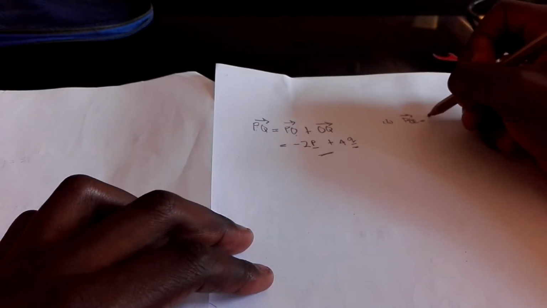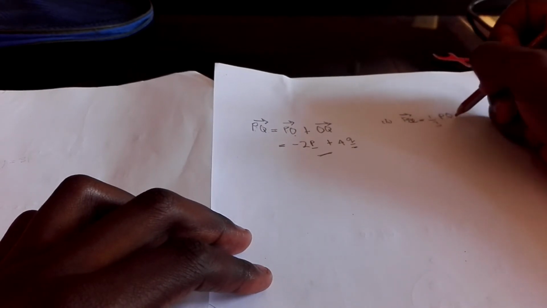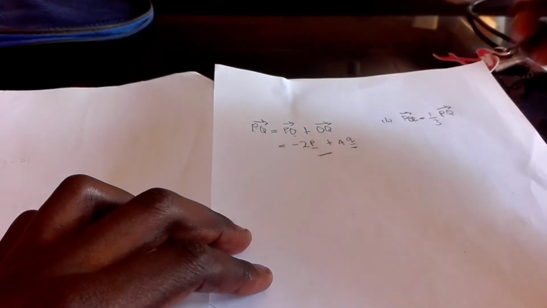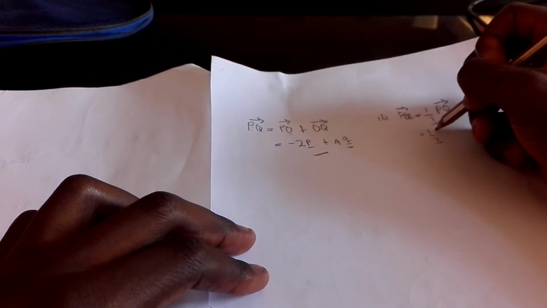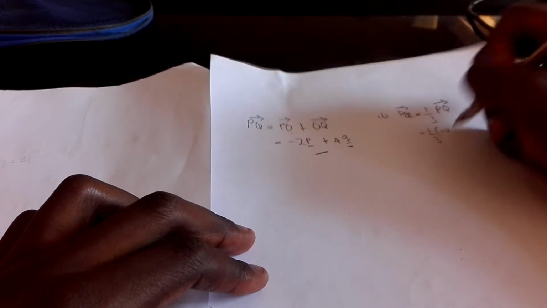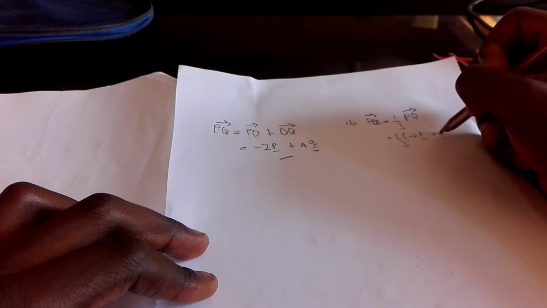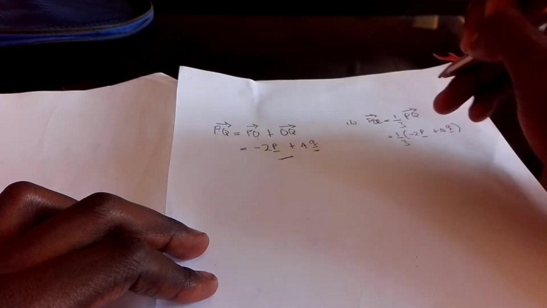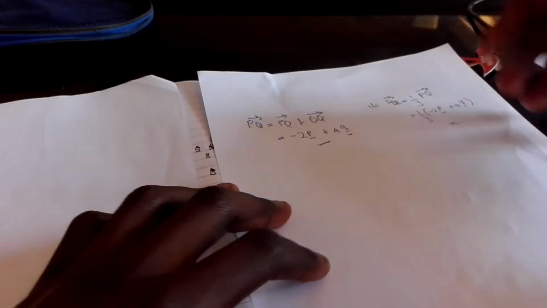So PX is going to be 1 over 3 of vector PQ, which we found here. So this is going to be equal to 1 over 3. What's PQ? Negative 2p plus 4q, and that's our PX. That's the answer.